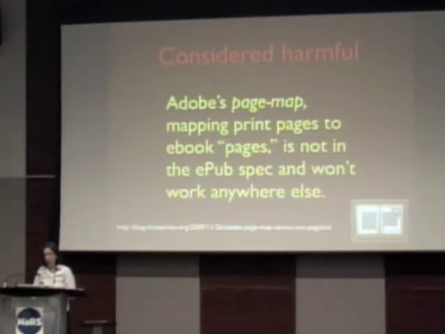Another problem that I'm hoping is going to go away is this idea about mapping from a printed original to an ebook. Adobe's method isn't part of the spec. There is a spec-friendly way to do this kind of mapping, but again, it's under-supported.